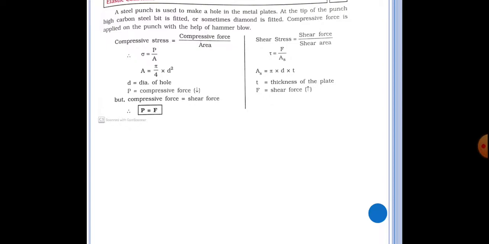So these are the basic things that we have to use in this chapter whenever we are going to study the cases. And the most important thing is, whenever any body is subjected to forces in all three directions, at that time we have to use strain x, strain y and strain z.